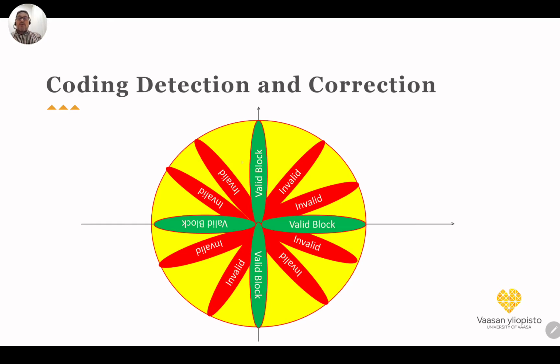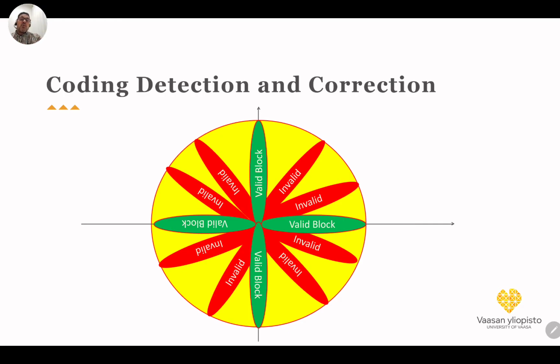Assume now we have only those 4 valid codes, and the total number of possible codes here is 1, 2, 3, 4, 5, 6, 7, 8, 9, 10, 11, 12. Of course it can be more, but just for explanation, we assume that we have 12 possible words. However, only 4 of them are valid blocks, the others are invalid.